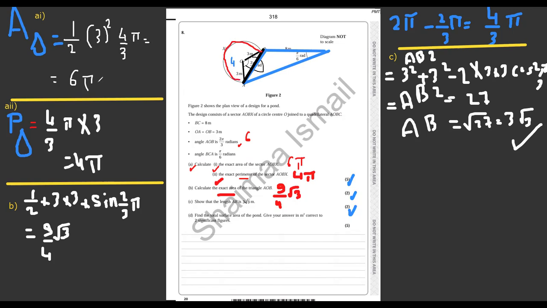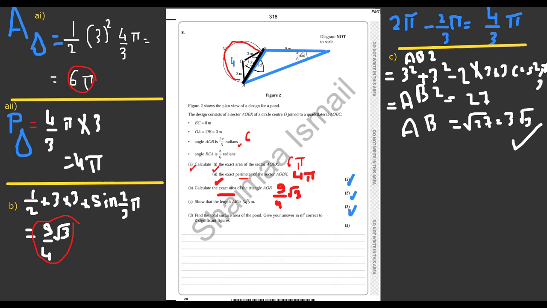So we have the area of the sector, which is equal to 6 pi, and we have the area of the triangle from question B, which is equal to 9 over 4 root 3. The remainder is the blue part, which we have to get the area of.